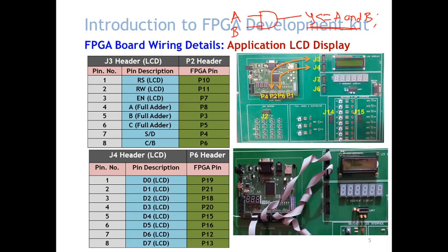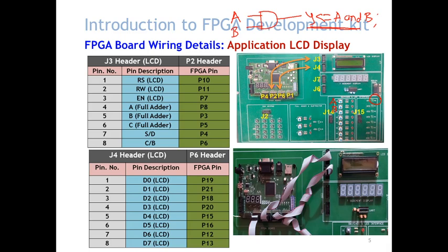Now this output Y, I have to connect to one of the LEDs, to see my real functionality on this LED. I want to use the first switch as the A input and the second switch as the B input. So how do these connections happen?